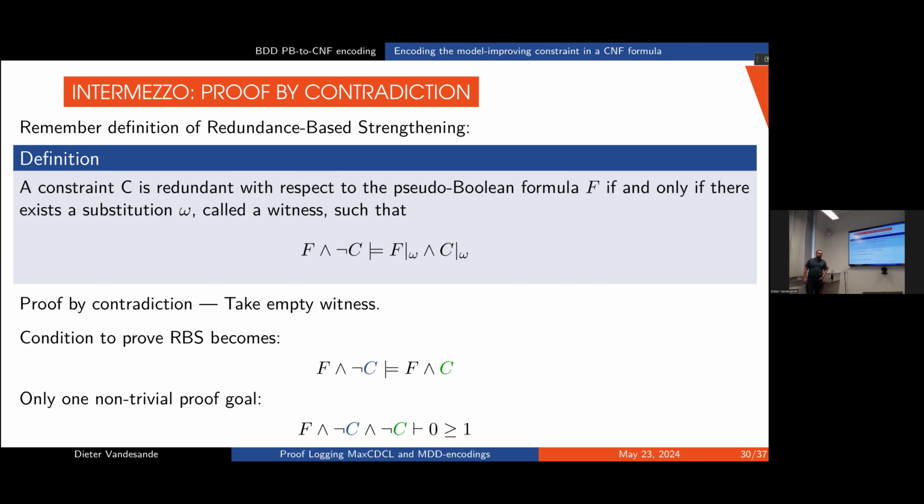So if you can actually carry out the next to last line, then you can also derive a contradiction. So a redundance-based strengthening step with an empty witness is exactly a proof by contradiction. Sort of the same thing.